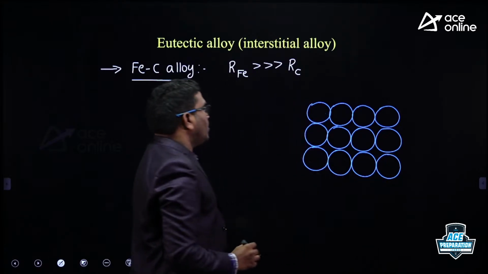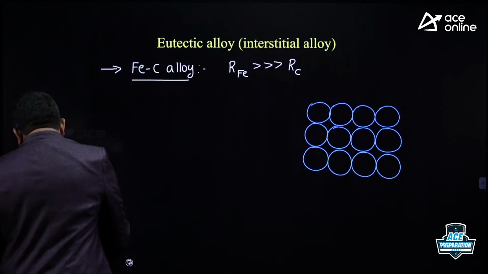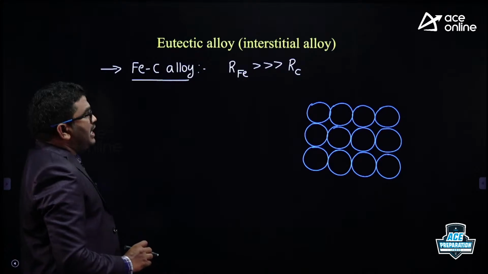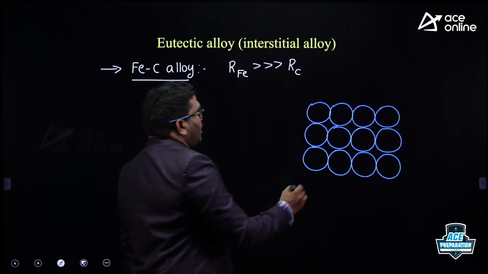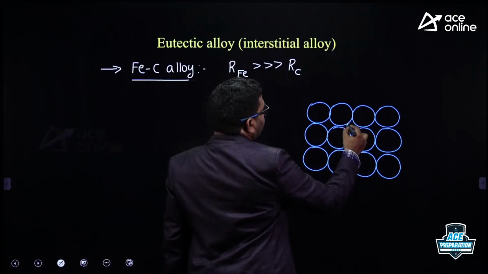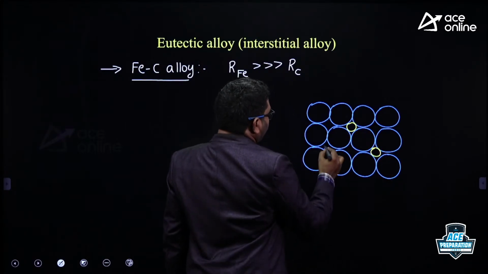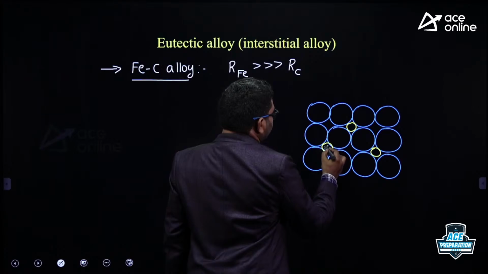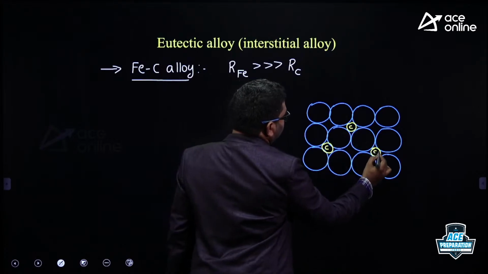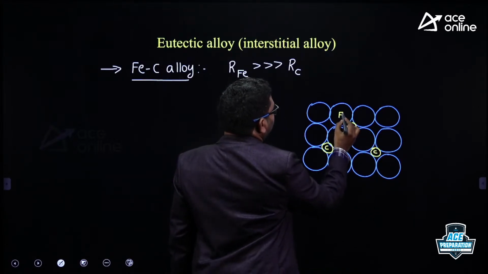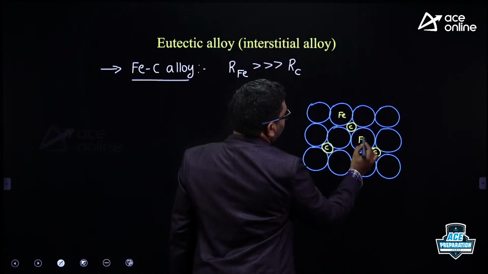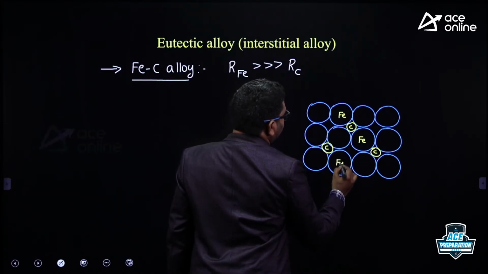These are iron atoms. Now, if you add carbon to the iron, the carbon atom occupies this interstitial space. This is carbon, this is carbon, this is carbon, this is iron, this is iron, this is iron.